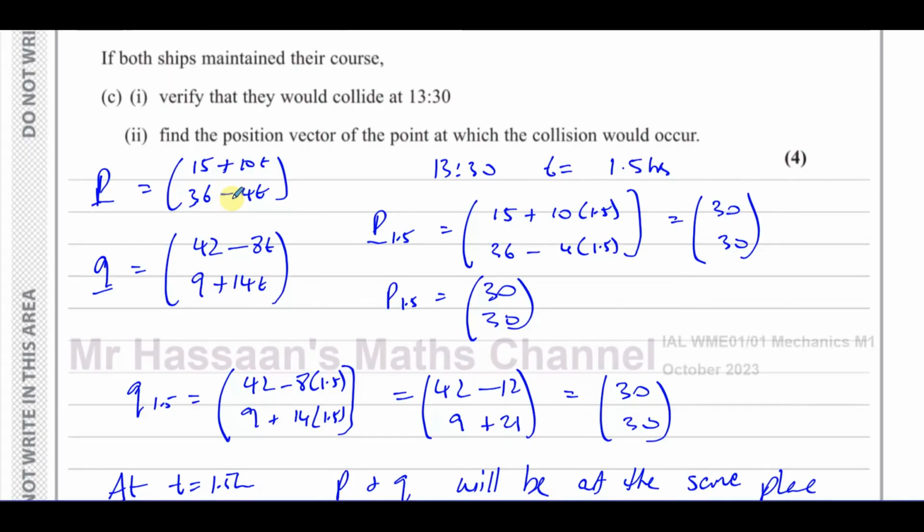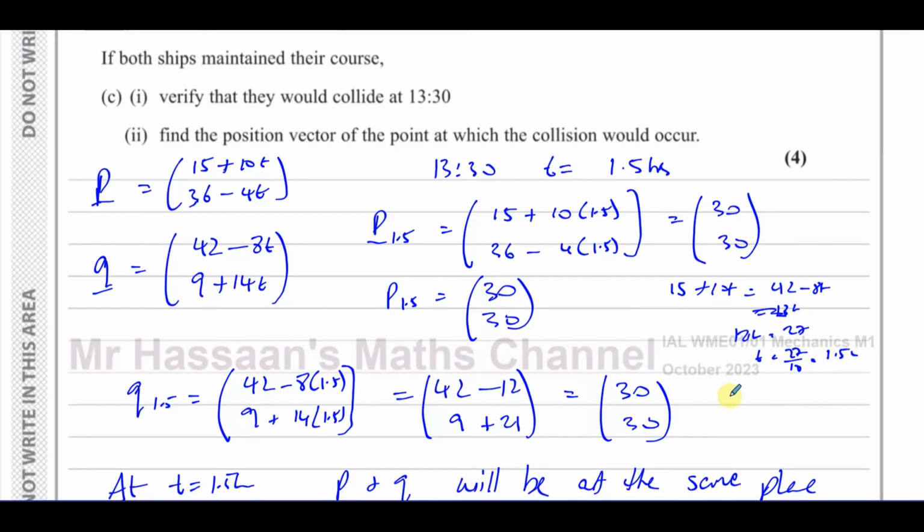So if I did 15 plus 10T equals 42 minus 8T, equating the I components, that gives me 18T equals 42 minus 15, which is 27. So T is equal to 27 over 18, which is 1.5.